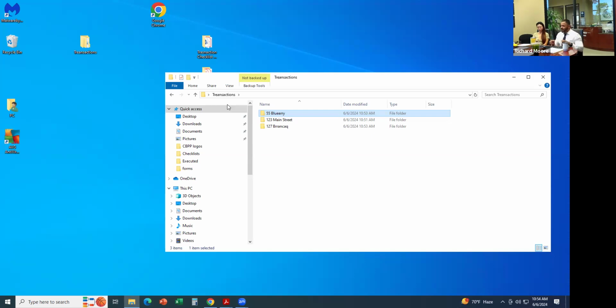I've sat so many times next to agents that need help, and they have to look through thousands of emails to find that one email. As soon as you're done with the email, move it into the folder. That way, whenever you look for anything about that transaction, you just click on the folder on the left, and it only shows you emails that have to do with that transaction. Pretty easy, right? It makes your life so much easier.